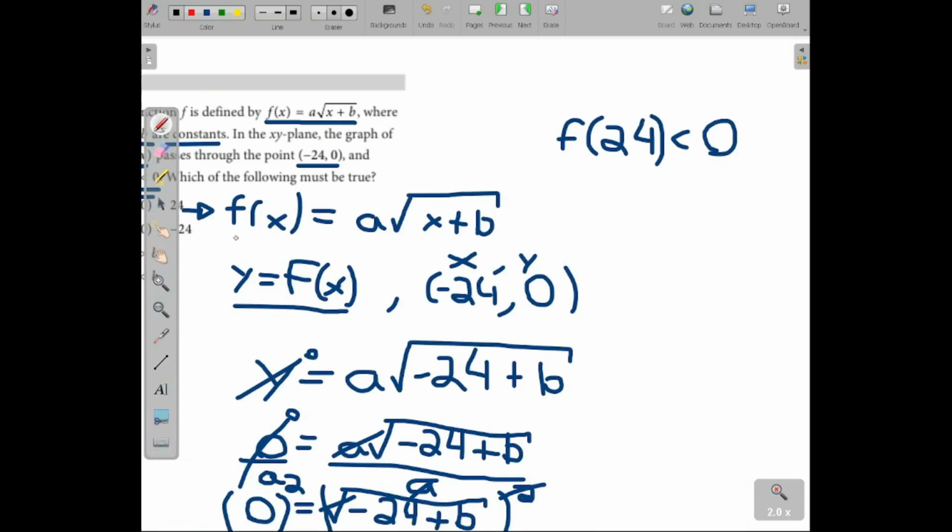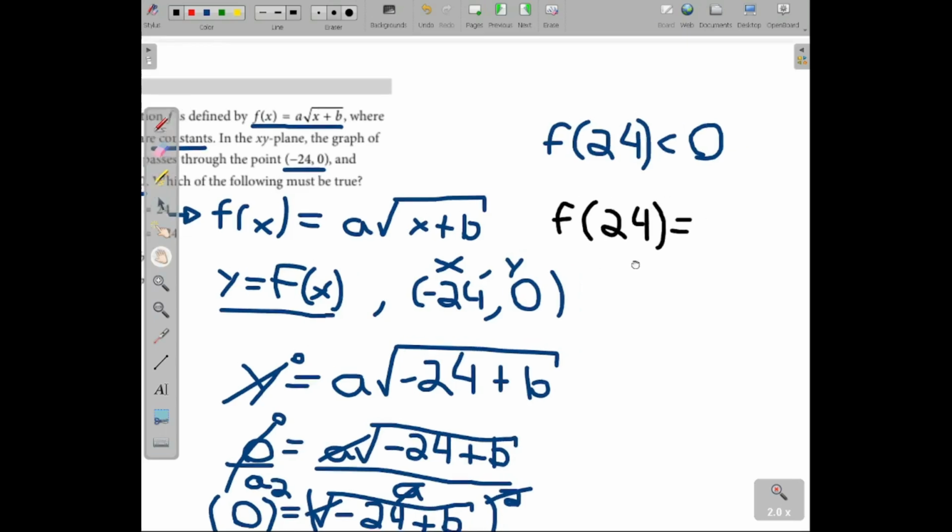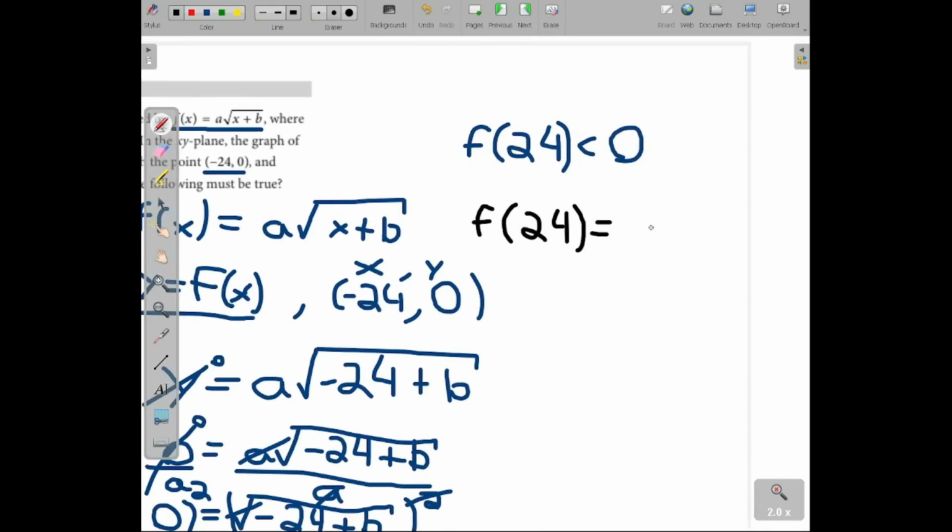We have to use the function: f of 24 is equal to a times the square root, where the value of x is 24, plus b.